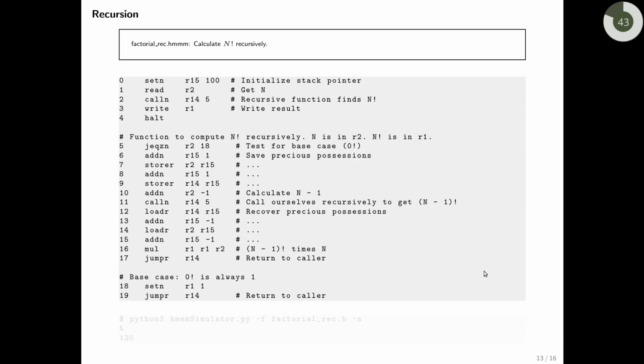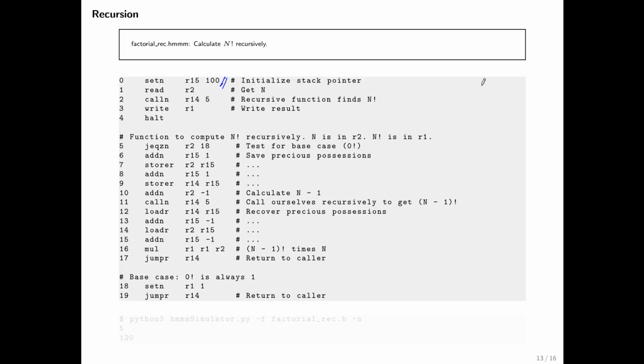All right, so what we're going to do next is look at a program called factorial_rec.hmmm that calculates the factorial of a number recursively. Okay, so let's go through this program. The first thing that we do here is we initialize the stack pointer to some arbitrary location in memory.